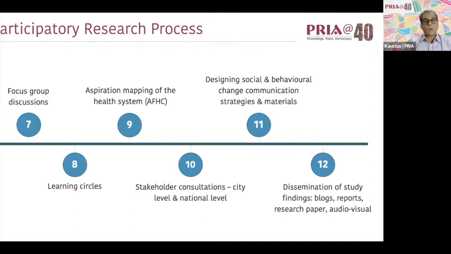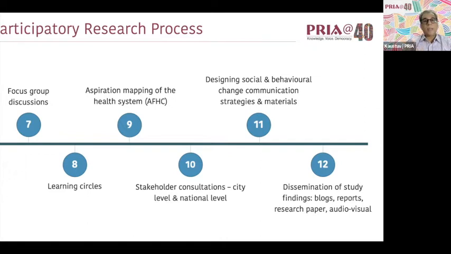One was to share the local data, but also in these learning circles, we invited other civil society organizations and health experts who could share similar data from other contexts. That provided us an opportunity to lift the data and to draw insights not only from the local context, but also at the state level and the national level context.